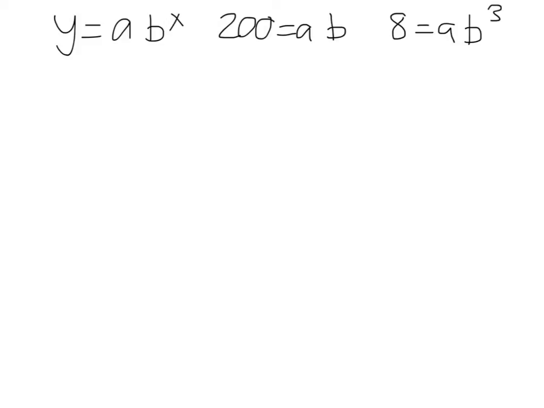The other way you know how to solve systems of equations is using an elimination method. The way the elimination method works is you want to try to cancel out a variable, so then you're only left with one variable in your equation. When it comes to exponentials, we have to set these up a little bit differently.